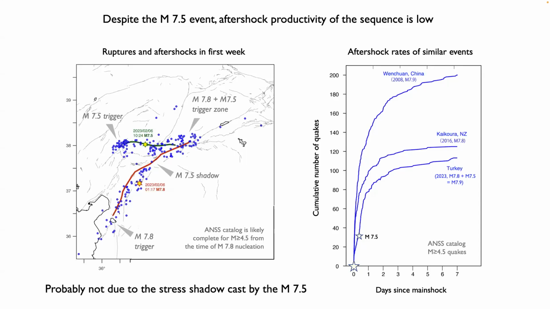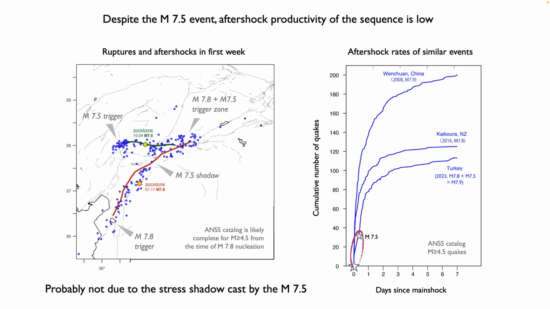So then is that weakness of the aftershocks a product of the stress shadow triggered by the 7.5? I don't think so, because when you look carefully, you see that even before the 7.5 occurred, the rate of aftershocks was much lower than its brethren. And in fact, it was raised when the 7.5 occurred.